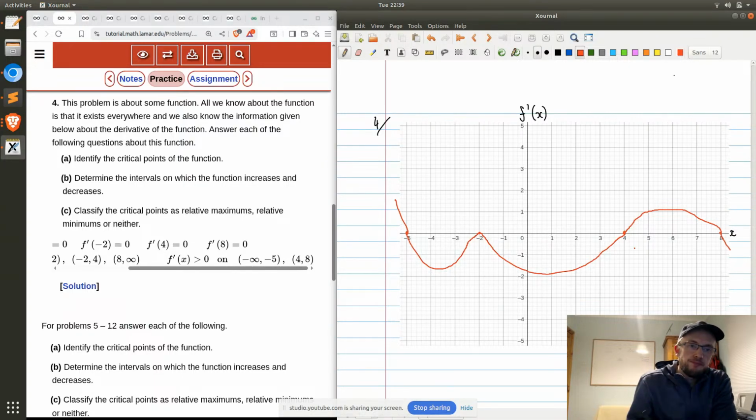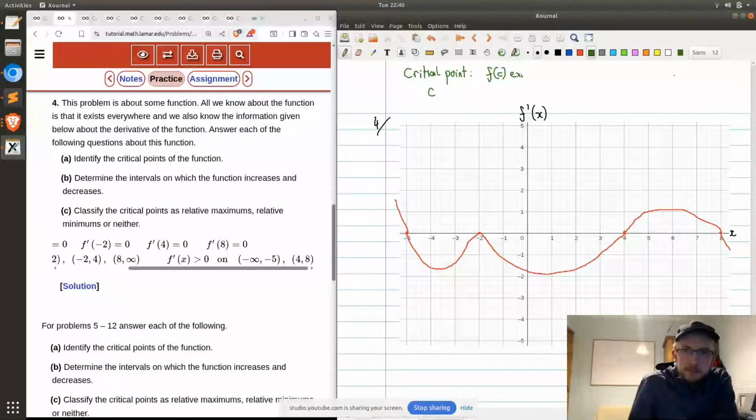So, what are the critical points of the function? To be a critical point, we're going to call you c. First, f of c must exist. That's necessary.